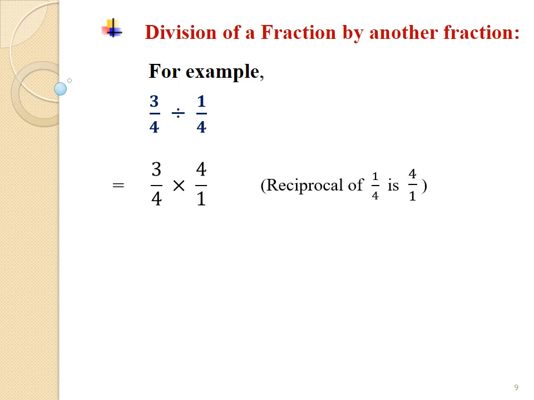Now multiplying 3 by 4 and 4 by 1, we get 12 upon 4. Now reducing 12 by 4, we get 3. Thus 3 upon 4 divided by 1 upon 4 is 3.